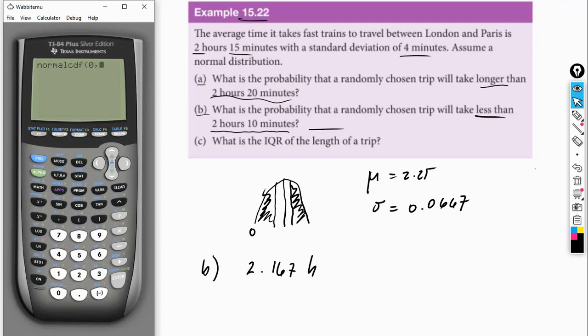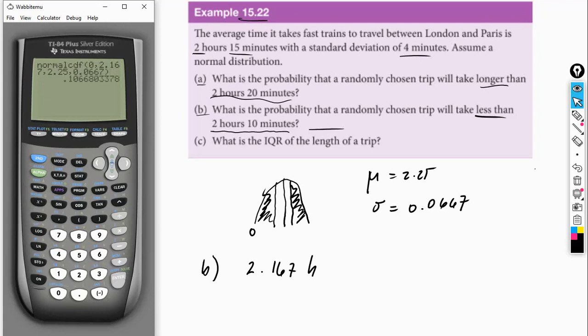The upper bound is going to be 2.167. Then we need the mean, which we said is 2.25. And the standard deviation, 0.0667.